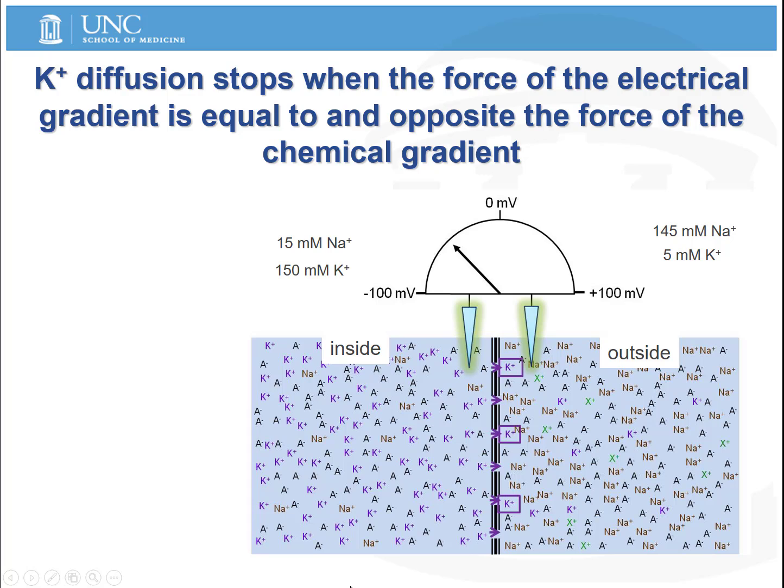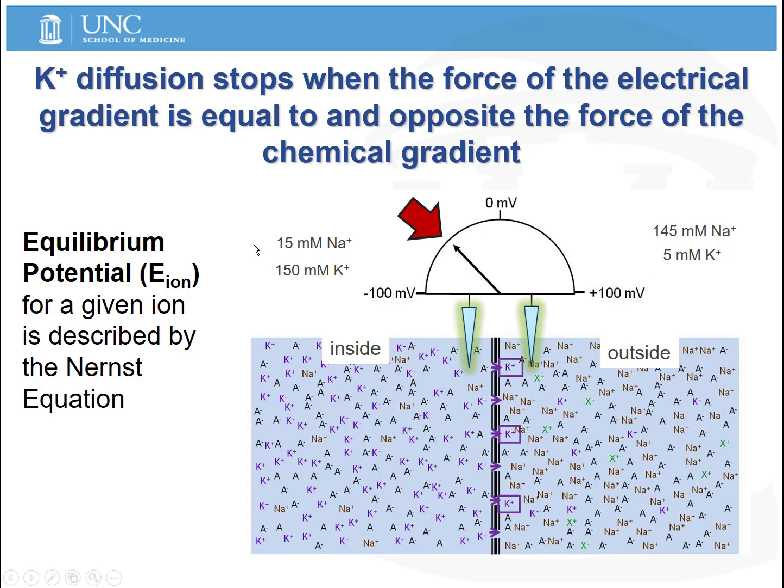Well, that flow stops when the force of the electrical gradient is equal to and opposite the force of the chemical gradient. So as we saw, the potassium ions flow down their chemical gradient, creating this negative membrane potential. And eventually, that potential difference is equal to and opposite the chemical gradient.